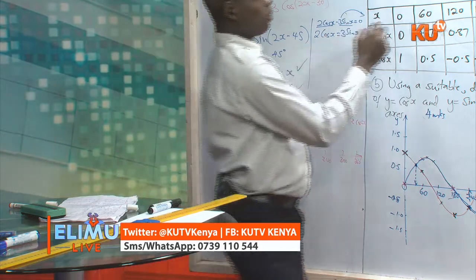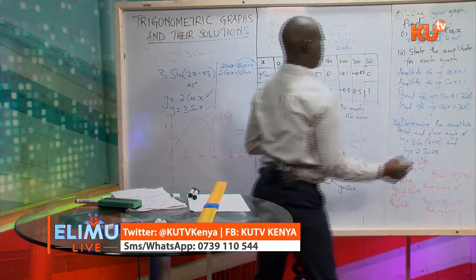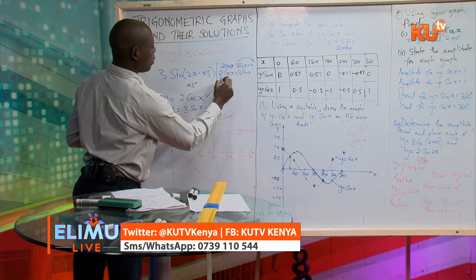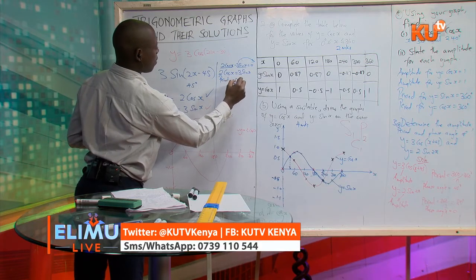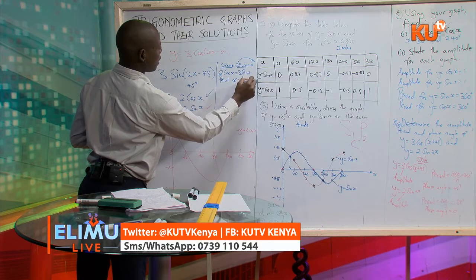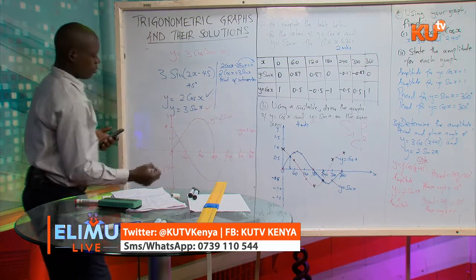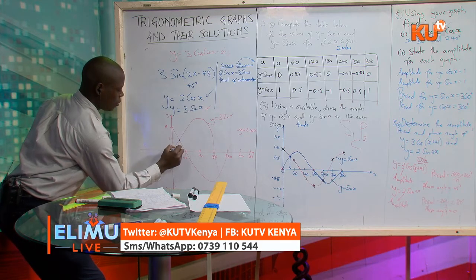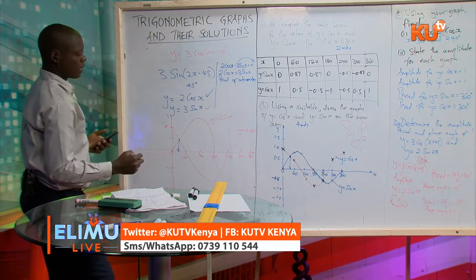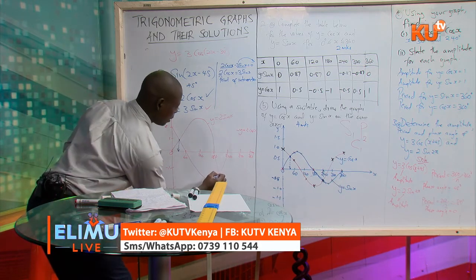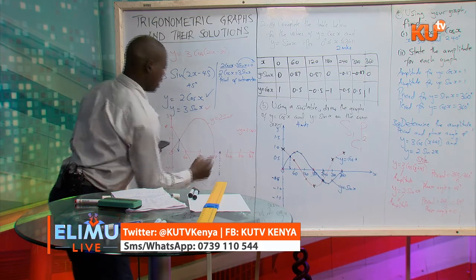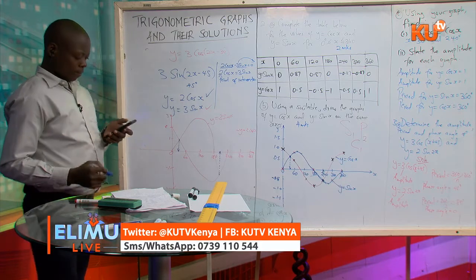And this situation is the same situation we have here. So where the two graphs are equal simply means go for the points of intersection. Get the point of intersection of the curves, and so you get to this point and extrapolate to the x-axis, read the value of x. Again at this point, extrapolate to the x-axis and read the value of x.